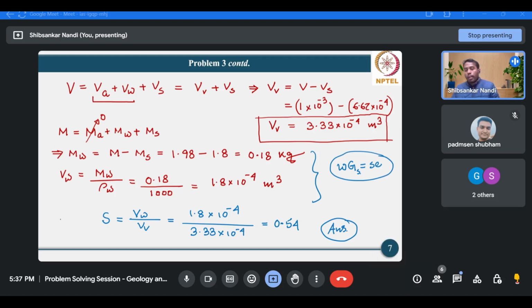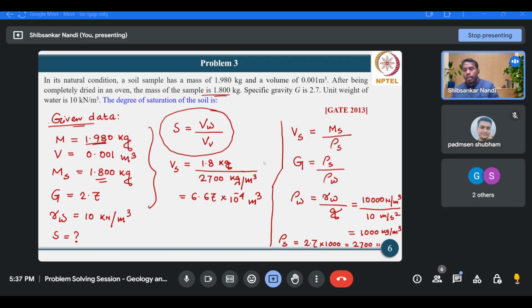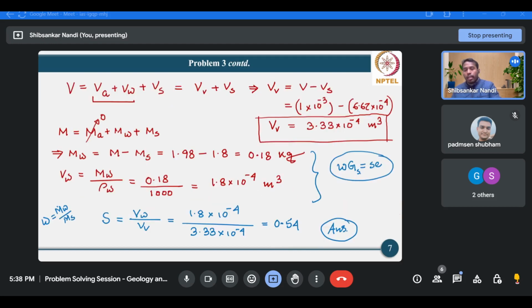Water content you can calculate from the ratio Mw by Ms. You know Mw, this is 0.18 kg. You know Ms, this is directly given to us, that is 1.8 kg. So we can easily calculate the water content.